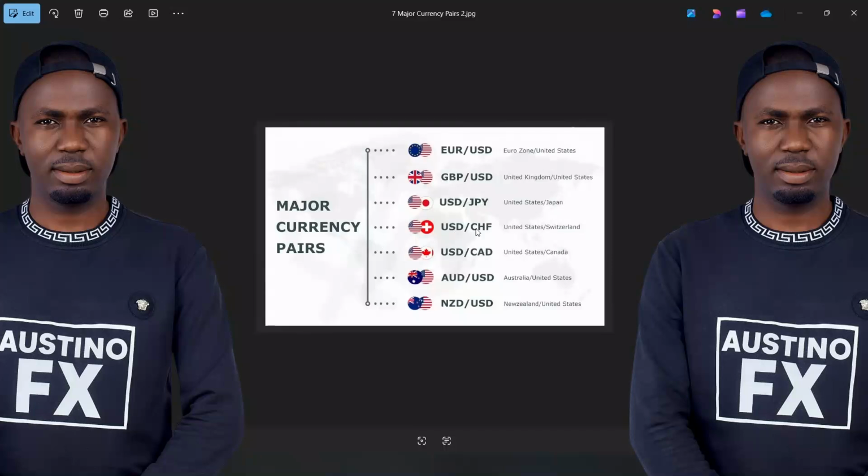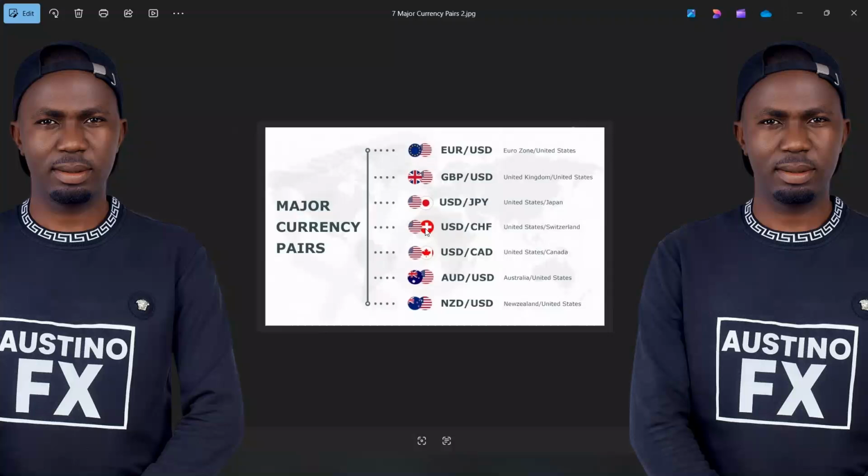The USD/CHF is United States against Switzerland. USD/CAD is United States against Canada. Then AUD/USD is Australia against United States. And then the last one, NZD/USD, is New Zealand against the United States.